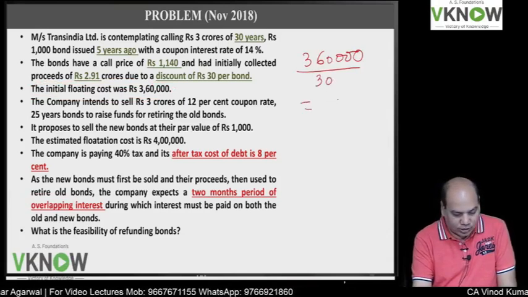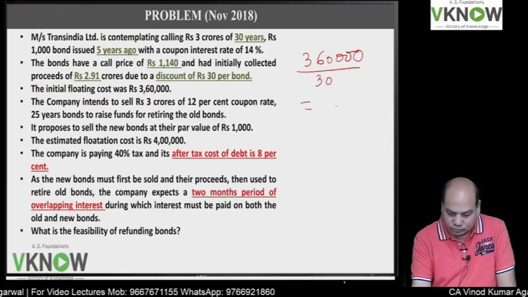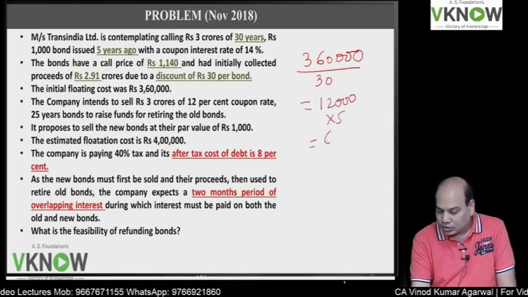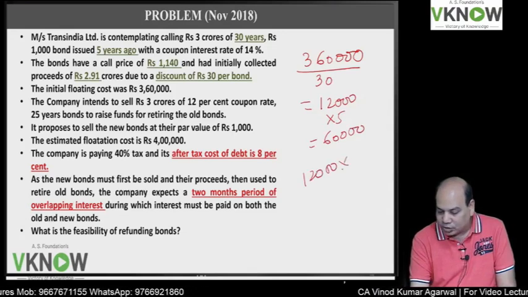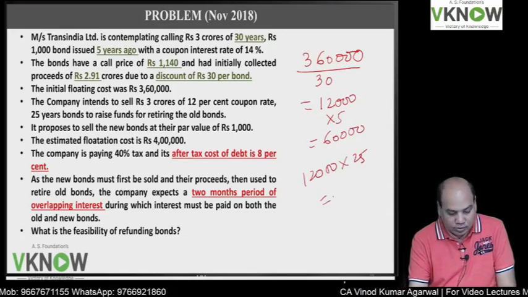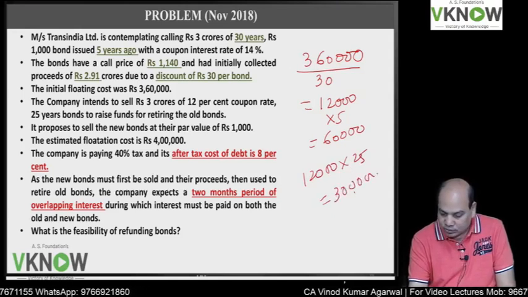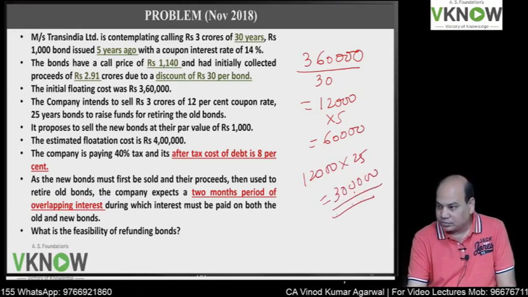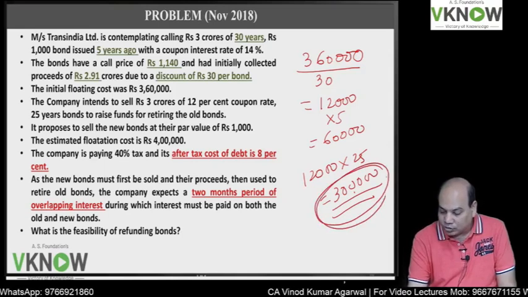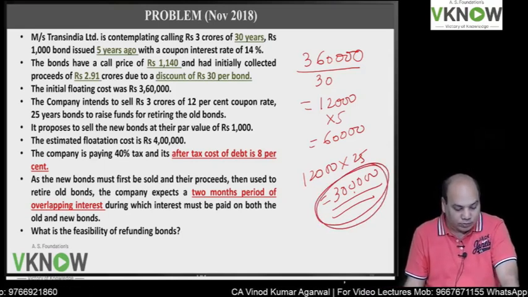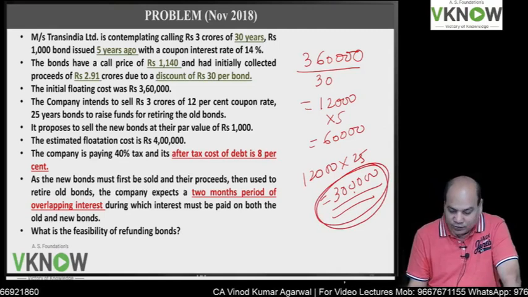So can you calculate and give me the answer? 12,000 into 5, 60,000 already amortized. And 12,000 into 25. That is how much? 3 lakh rupees is unamortized. This we will amortize today on the date of refund of the old bond. Very good, Rishabh. 3 lakh is right.